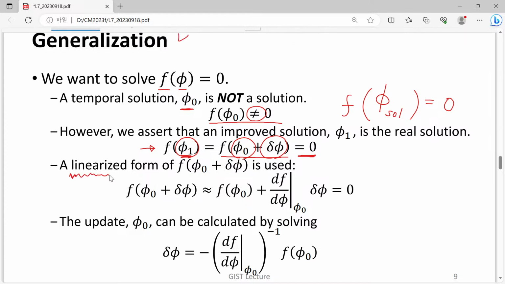this one. Linearized form, or linearization, is the way we take.